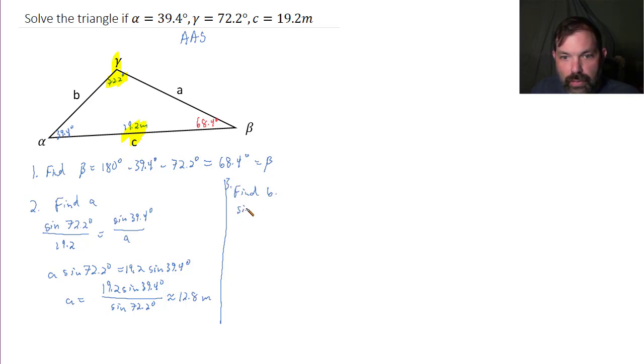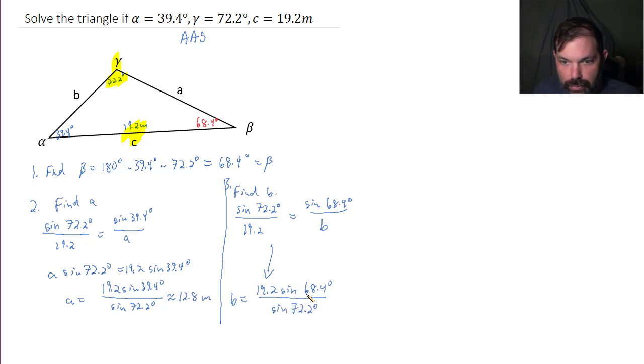And then similarly, let's find B. So then the sine of 72.2 degrees is to 19.2 as the sine of 68.4 degrees is to B. So then we go through some algebra. B is 19.2 sine 68.4 degrees over sine 72.2 degrees.